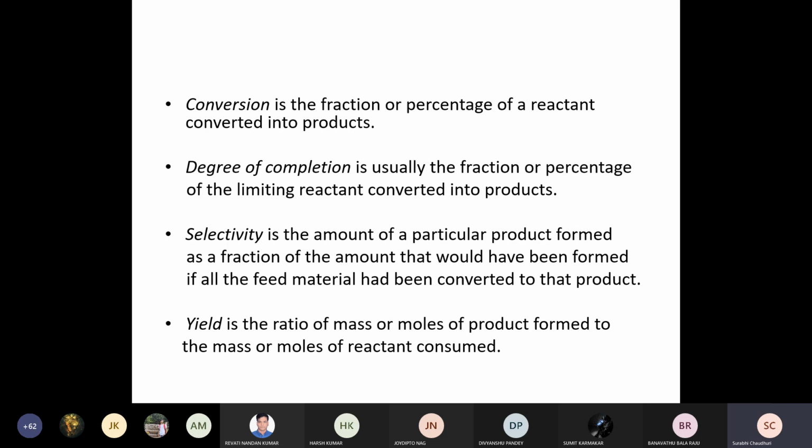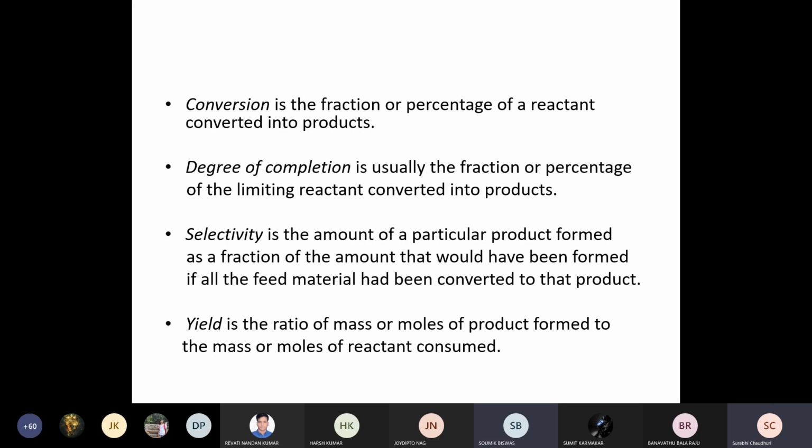Now, conversion. Conversion is the fraction, or percentage, of a reactant converted to product. Then degree of completion, that is the fraction or percentage of the limiting reactant converted to product. Selectivity.